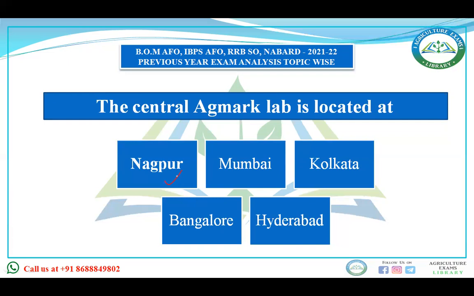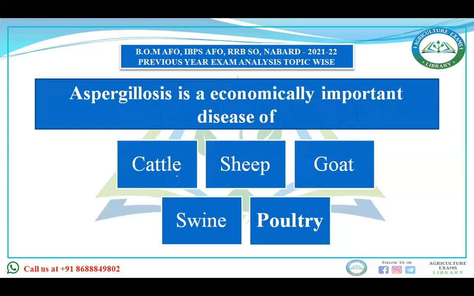The Indian Institute of Seed Research is located in Uttar Pradesh and was established in 2004. The Indian Institute of Remote Sensing is located in Dehradun, Uttarakhand, and was established in 1966. The Central Institute of Arid Horticulture is located at Bikaner and was established in 1994. You have to remember the names of the institutions and their locations.